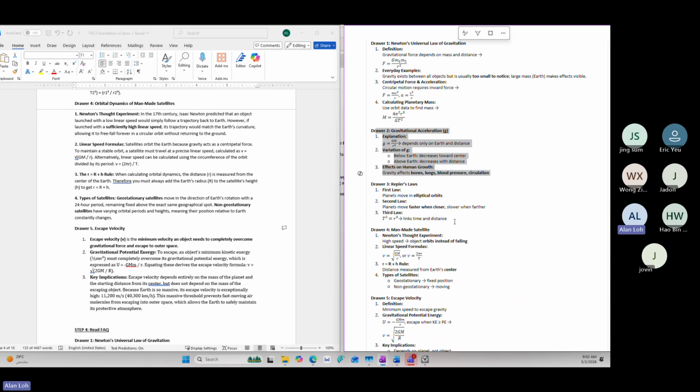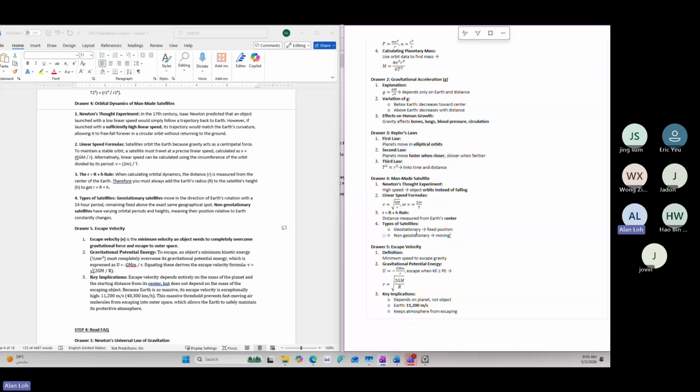Drawer number 3, you have 3 laws. Kepler's laws. Right? It's not circular, it's elliptical. It is faster when you're closer to the sun. And there's this link of time and distance. And drawer number 4 is this satellite. Satellite, you have this linear speed, you have the rules, you have to add the Earth radius plus the height of the satellite when you do the calculations.